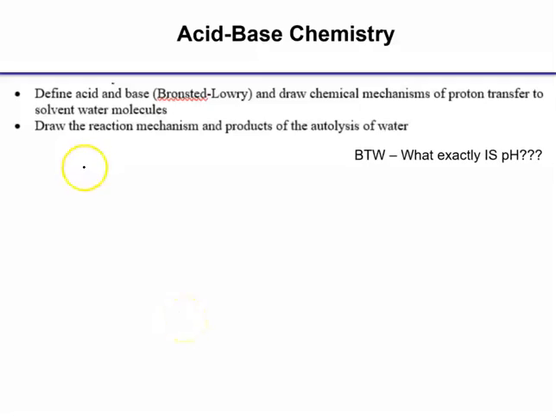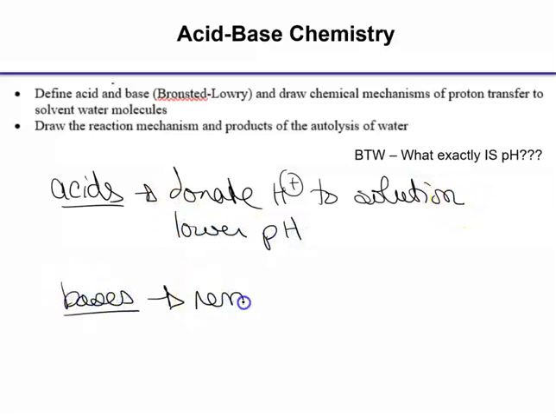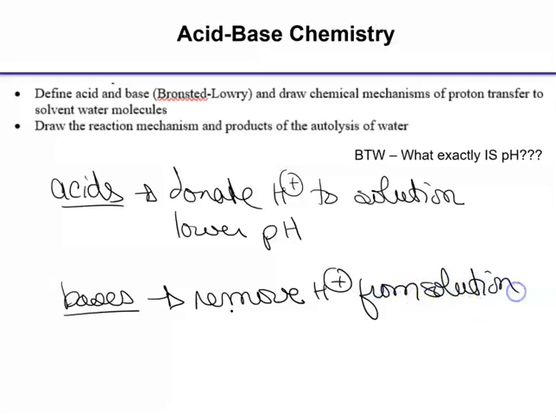So in the Bronsted-Lowry system, acids donate hydrogen to solution, and these lower the pH of the solution. Bases remove hydrogens from solution, and these will raise the pH of the solution. And so that's the deal.